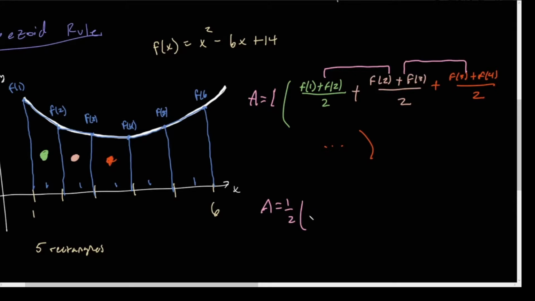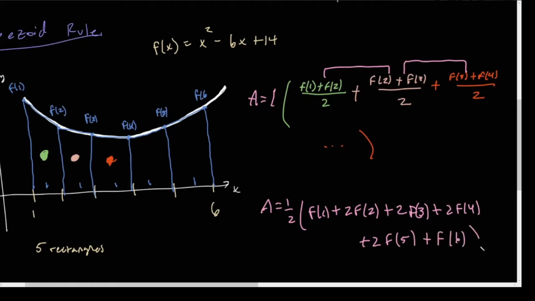So A is 1/2 times f of 1 plus 2 f of 2 plus 2 f of 3 plus 2 f of 4 plus 2 f of 5 plus f of 6.